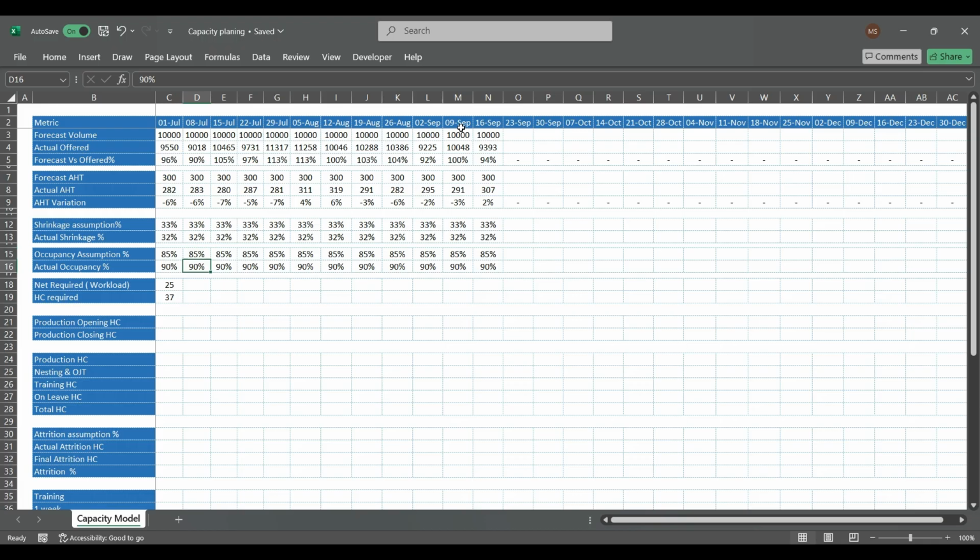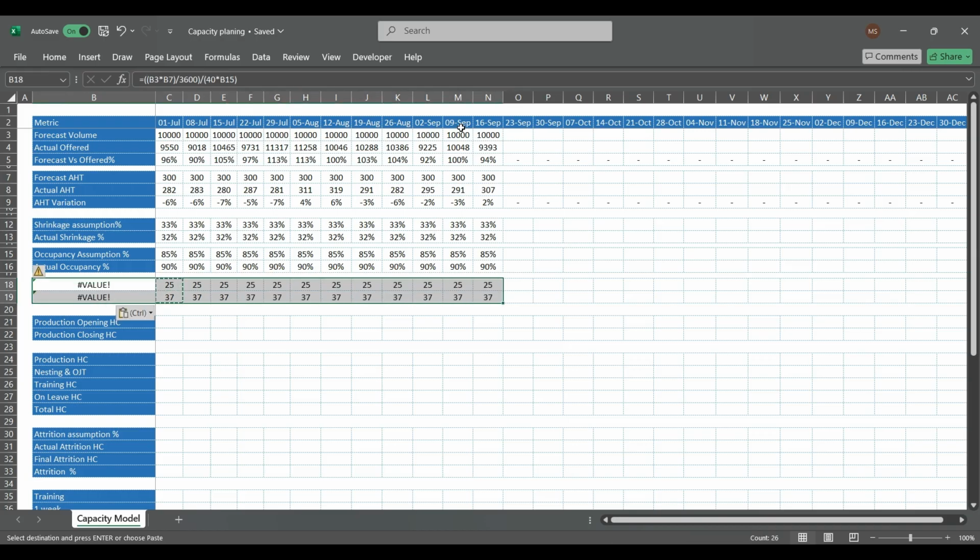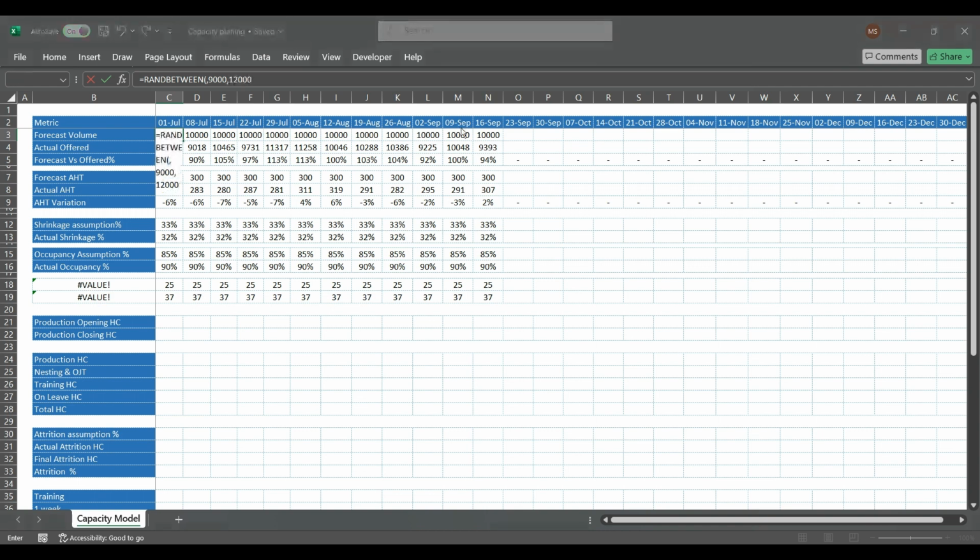If I move this number, now you can see here are showing only 25. If I change this number, let's suppose add the rand between number formula, and added 9,000 till 12,000. I need to change this one.